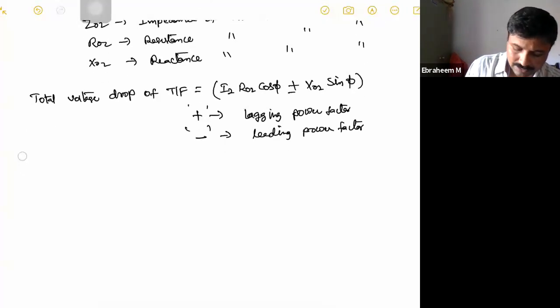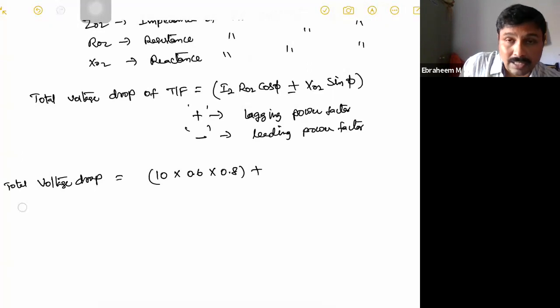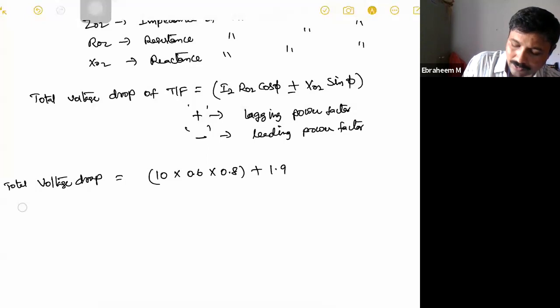So let us apply this and find the voltage drop. Voltage drop is equal to I2 is 10 amperes, R02 is 0.6, cos phi is 0.8. Since our power factor is lagging, we use the plus sign here. Then X02 is 1.9.